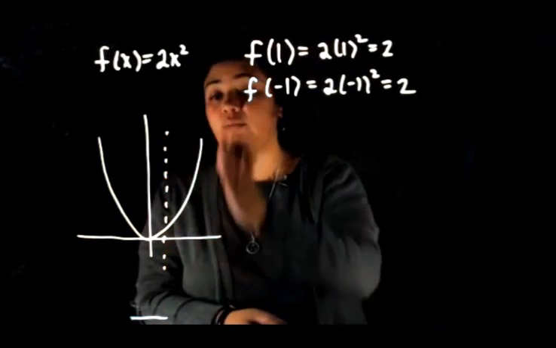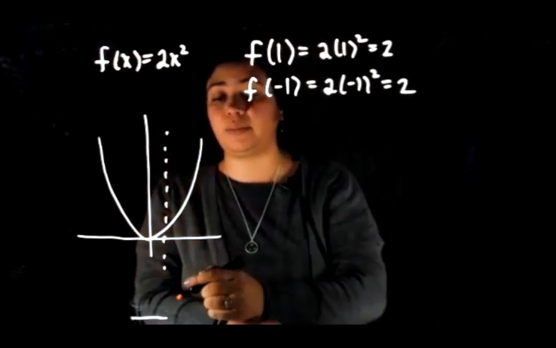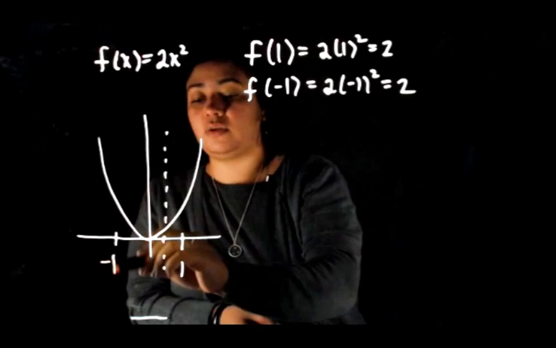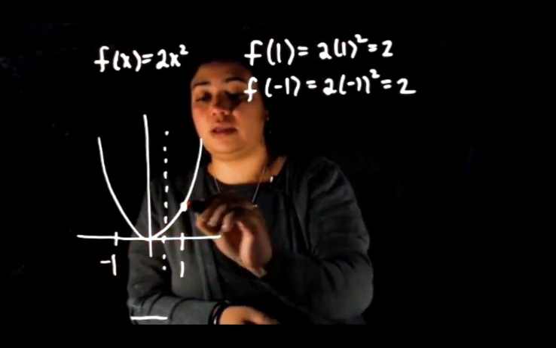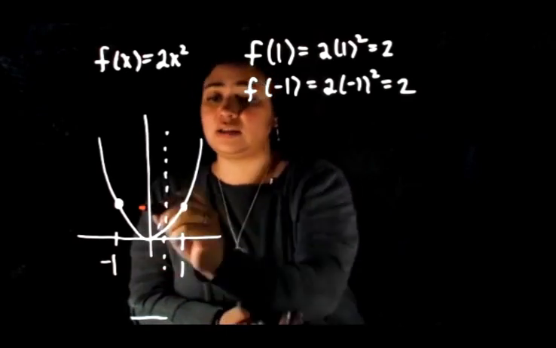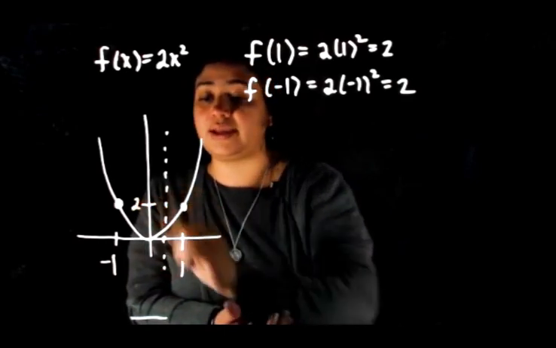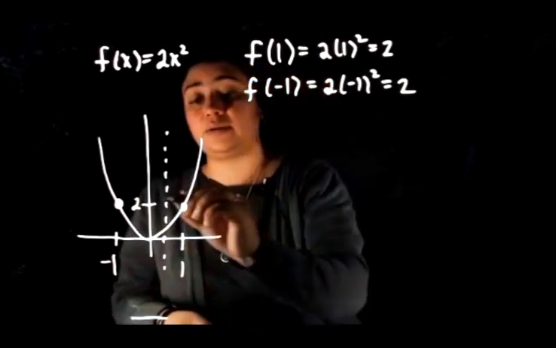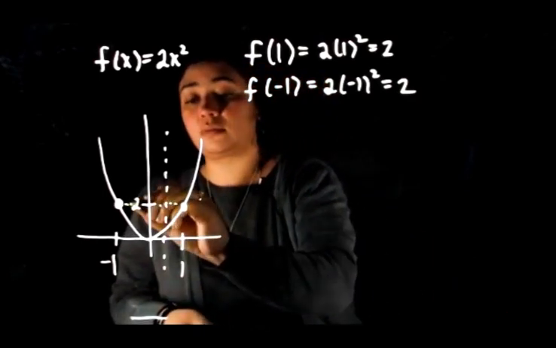Every vertical line will cross this graph only one time. Even though the inputs are different, it's still true that they get mapped to the same place. This is allowed in a function.